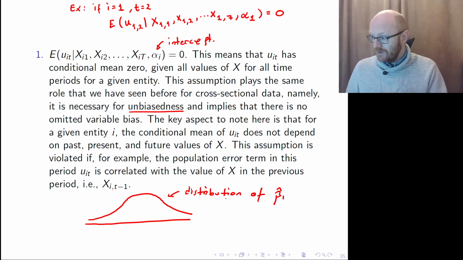And the distribution of the sample slope is centered around the true beta, the population beta.